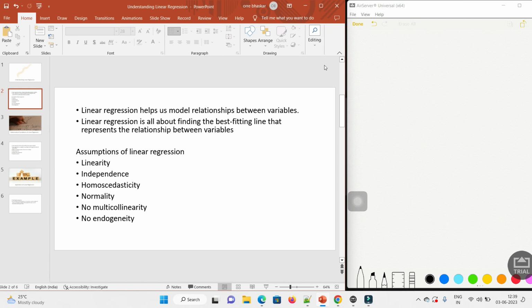Next assumption, homoscedasticity. Homoscedasticity assumes that the variance of errors or residuals is constant across all the levels of the independent variables. This means that the spread of residuals should be consistent as the values of the independent variable change. Let's take an example.